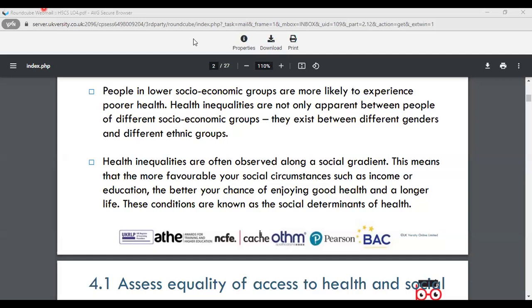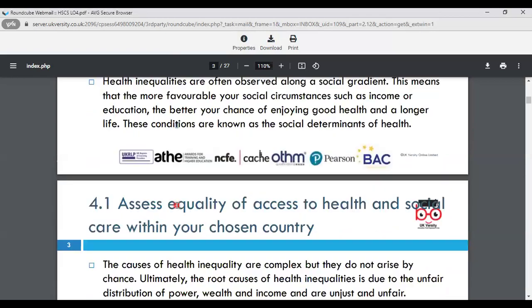So some of it has already been discussed here. That's a biological determinant, by the way. But your income has been mentioned over here, your education. These are all social determinants of health. It shouldn't be this way.